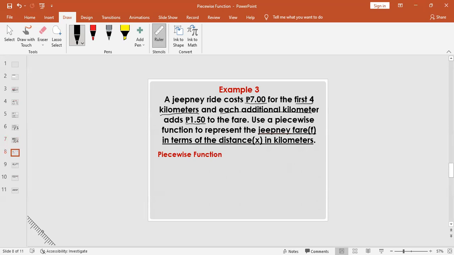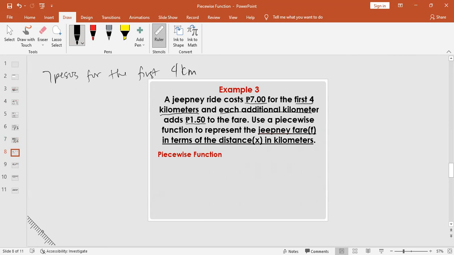So let us first analyze the given problem. Analyze the situation. Kunyari, nakasakay ka sa jeepney. Sa unang 4 na kilometro daw, ilan daw yung babayaran mo? 7 pesos. Okay? Based on this, 7 pesos for the first 4 kilometers.